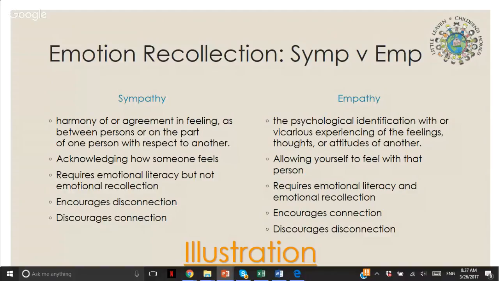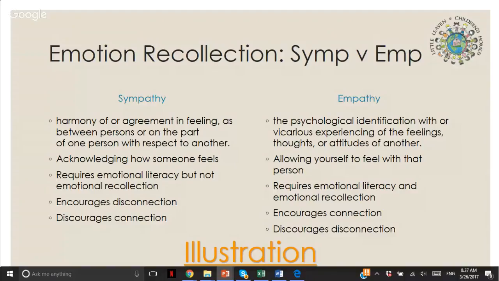So let's talk about when we do emotional recollection. A lot of times we'll see someone who's experiencing something, and we'll decide that we need to do emotional recollection. All right, and we will have an opportunity to either sympathize with someone or empathize with someone. Okay, so what's the difference between sympathy and empathy?